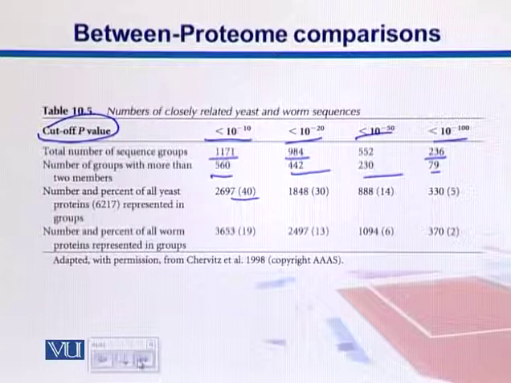Say we have 40% at this criteria and 19% at this criteria, this 10 power minus 10. That goes down to 5% and 2% if our criteria is strict. In this way we can group the similar proteins, and at different cutoffs of p-values we can have different results.